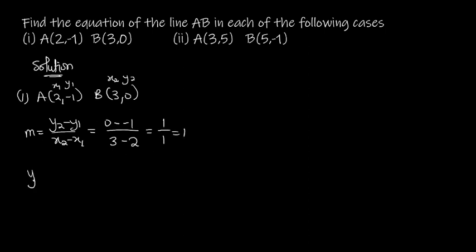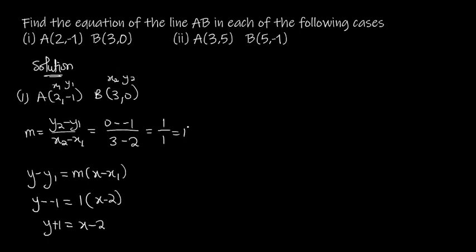So therefore I write down my expression y minus y1 is equal to m into bracket x minus x1 in order to find the equation of my line AB. I do the necessary substitution, that is y minus y1, which is -1, is equal to 1 as the gradient, and x minus x1, where x1 is 2 over here. So I have here y plus 1 is equal to x minus 2, and this therefore I'll continue here.